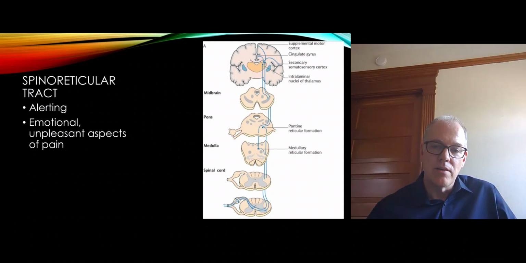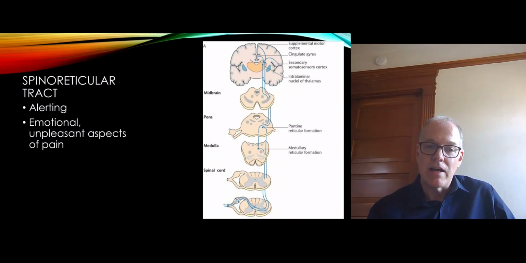We can give pain either by pushing on the nail bed with a hard object, which is called deep nail bed pressure, or you can take a cotton swab and put it into the nasopharynx and twist it around a little bit. That's very uncomfortable, right? But it doesn't leave any lasting damage. It's very alerting through the anatomy we're pointing out right now.